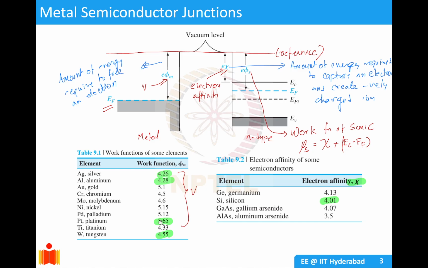Platinum is higher at 5.65 electron volts. Tungsten is 4.55 electron volts. Looking at electron affinities, for silicon it's 4.01 electron volts, for gallium arsenide 4.07 electron volts, and for germanium 4.13 electron volts.